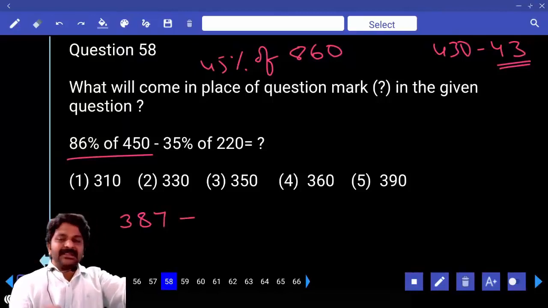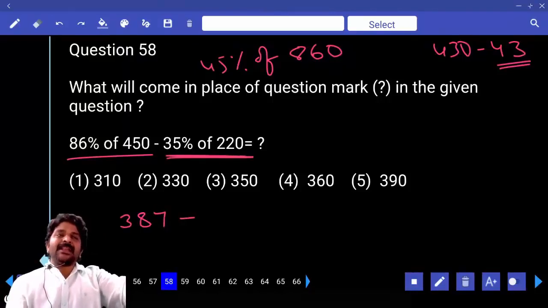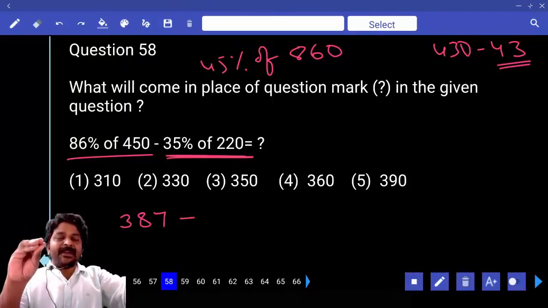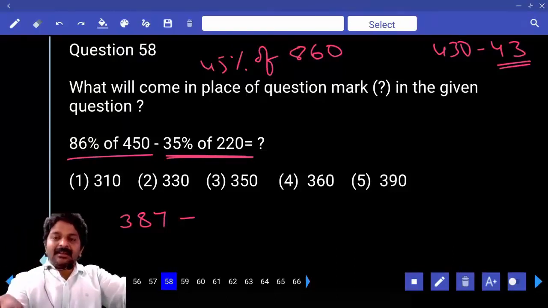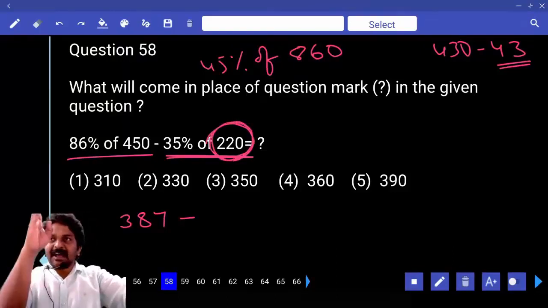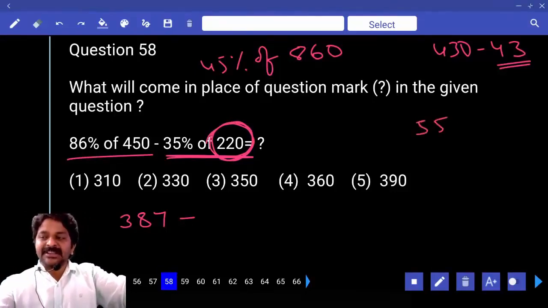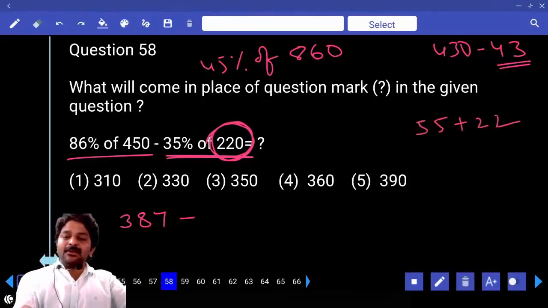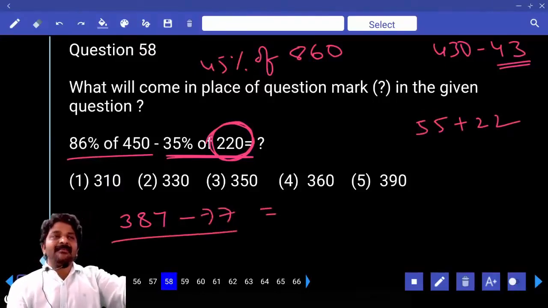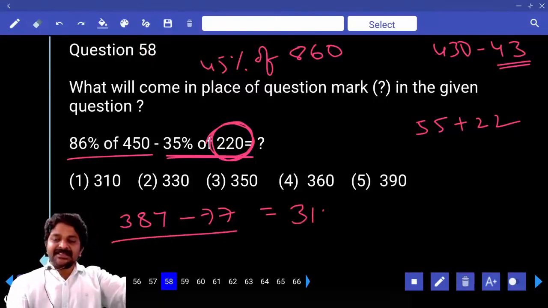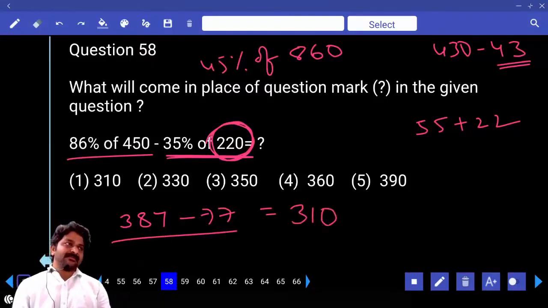387 minus 35%. How do you calculate 35%? 25% plus 10%, out of 220. What is half? Again half. What is 10%? Then the total value is 70. Now 387 minus 77, that is 310 only? Yes.